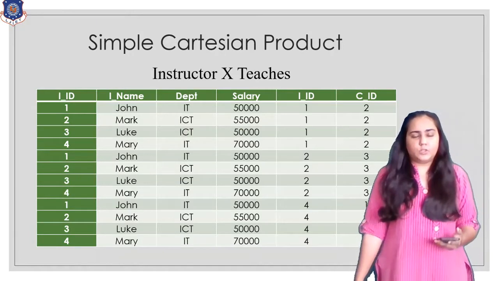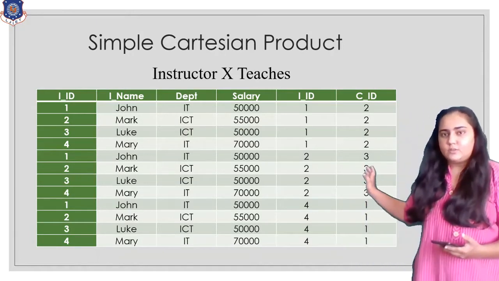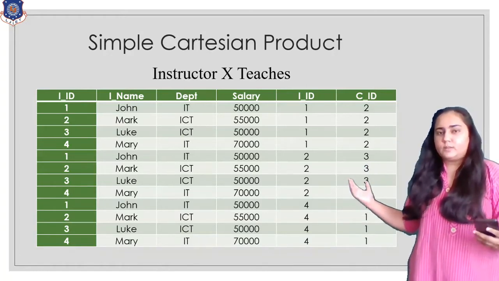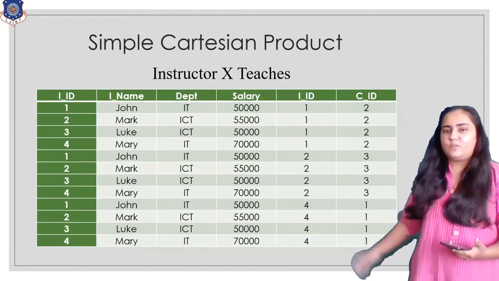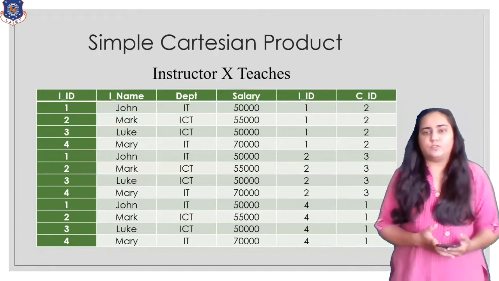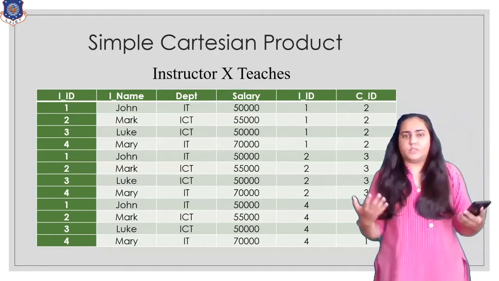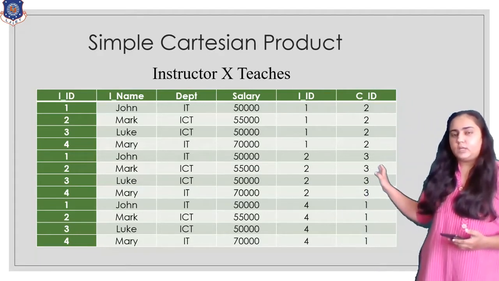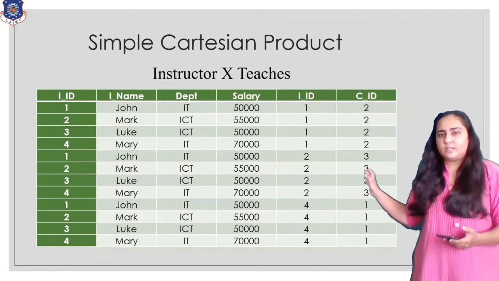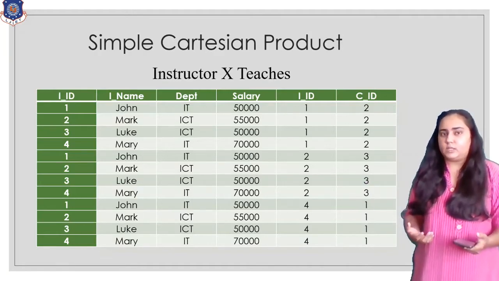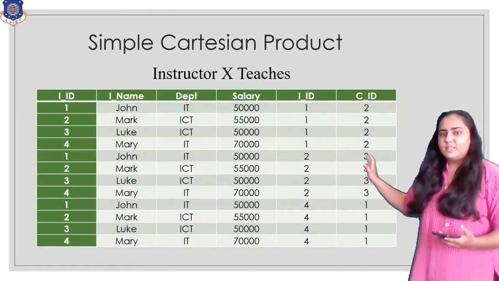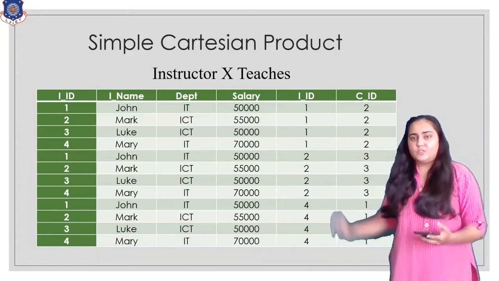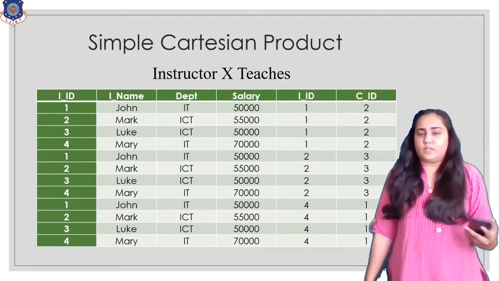And as such, right now it does not make any sense to us when we combine these tables, because how does that help you? It does not give you any useful information. It's just a bunch of gibberish where just two tables are getting combined. But then if you look at it closely, you'll be able to see that there is some information that you're getting here, which is you can compare this instructor's ID, which is from the teacher's table, with that instructor's ID, which is from the instructor table.